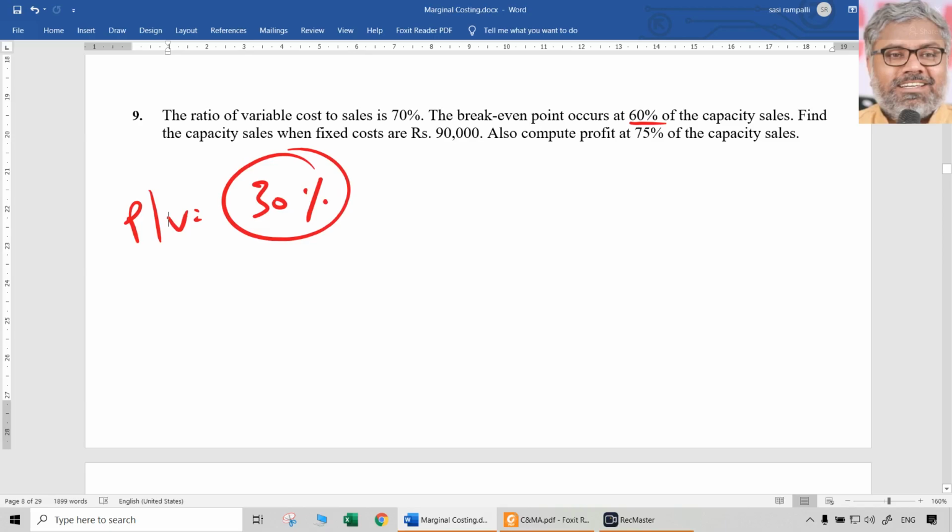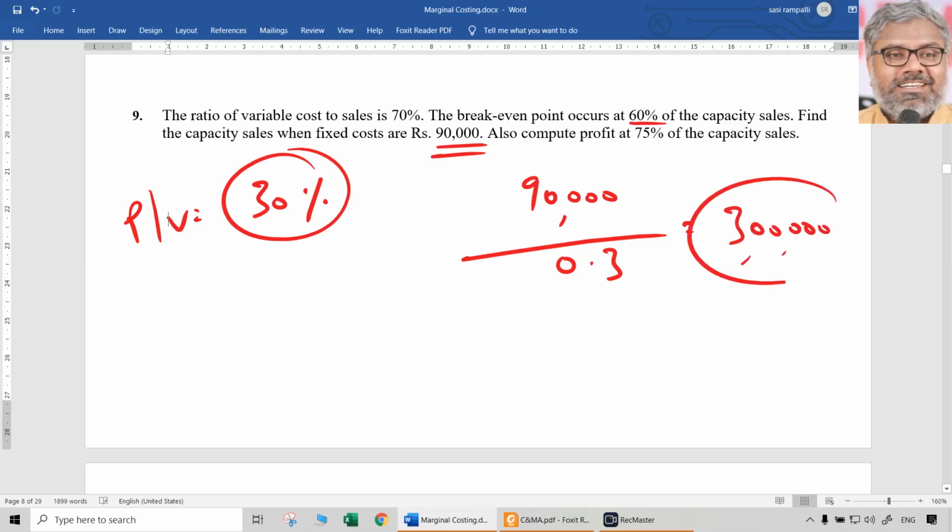Find the capacity sales when fixed costs are 90,000. Simple. Fixed cost divided by PV ratio is break-even sales, right? So 90,000 divided by PV ratio 30% is how much? 3 lakhs. And this 3 lakhs is occurring when?